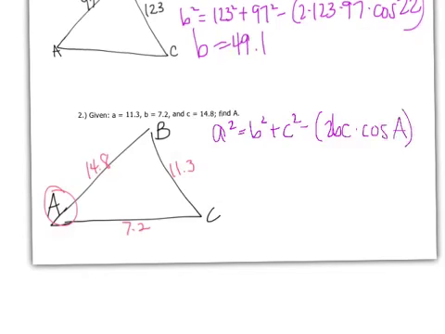And then I'm going to just fill in everything I know. Be careful that you're plugging in the correct numbers to the correct side lengths here, because that does matter.